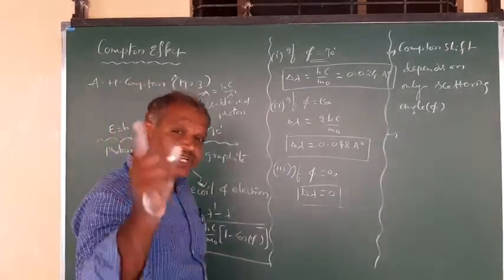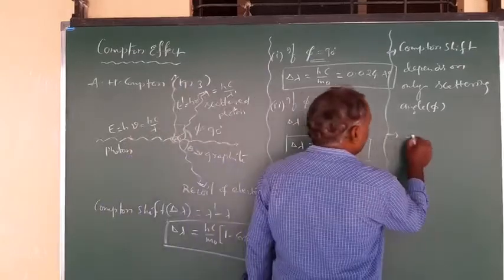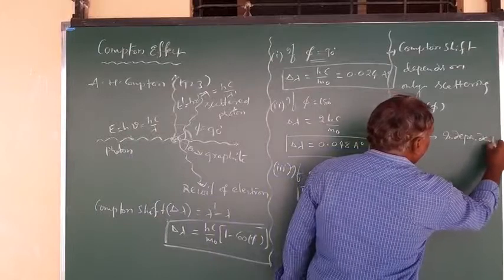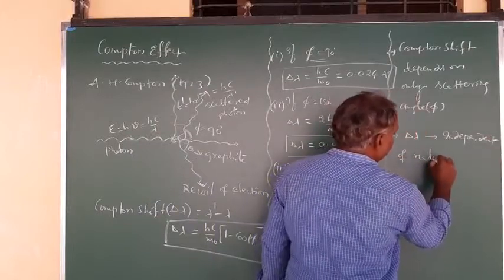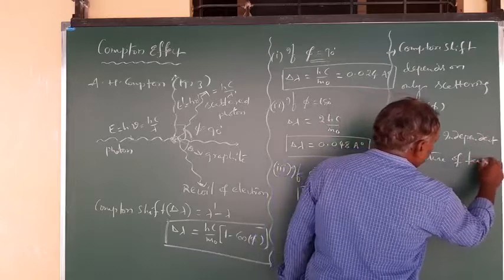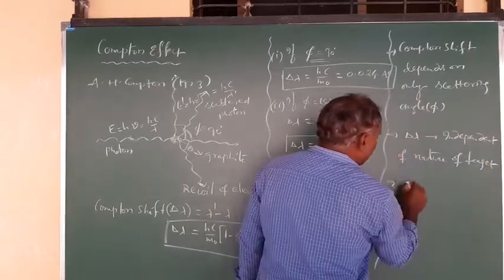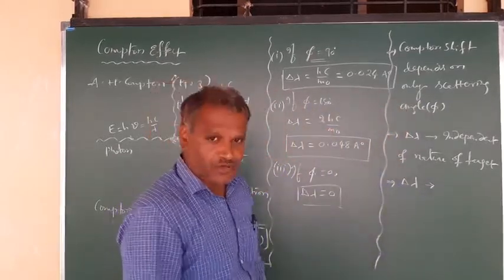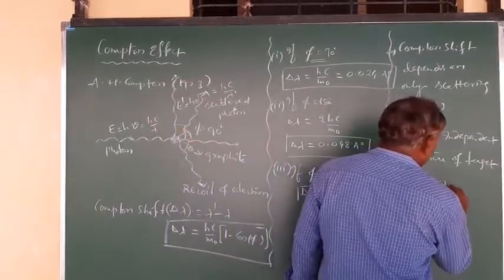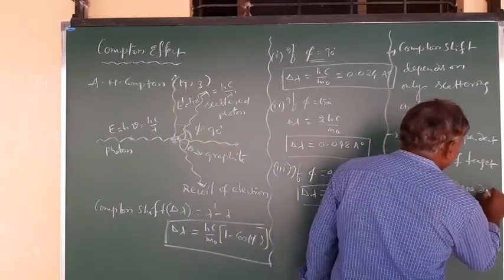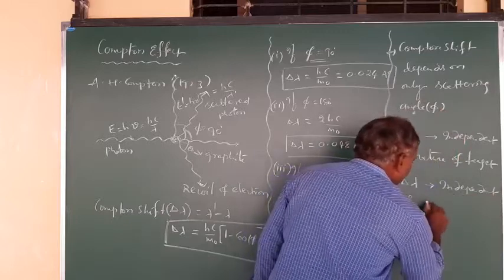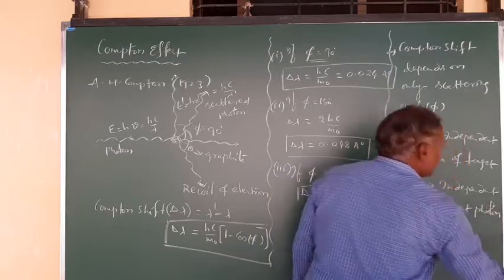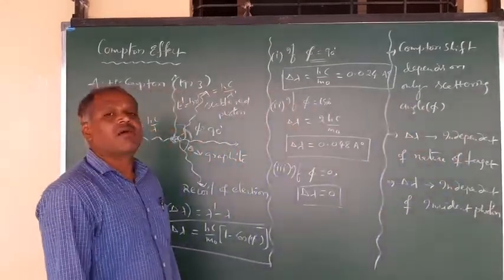So delta lambda is independent of the nature of the target, and also independent of the frequency of the incident photon.